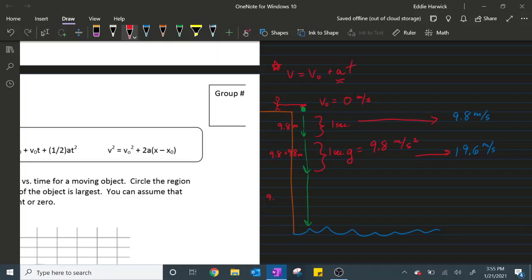And we could say the same thing for the third second of travel, 9.8 plus 9.8 plus 9.8.